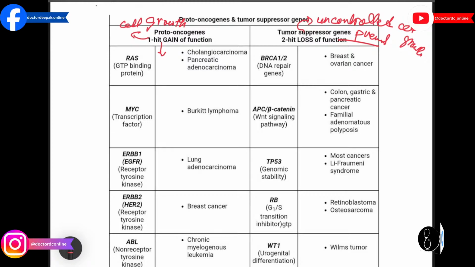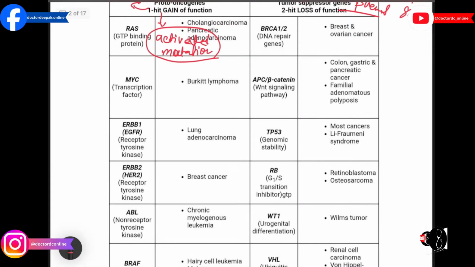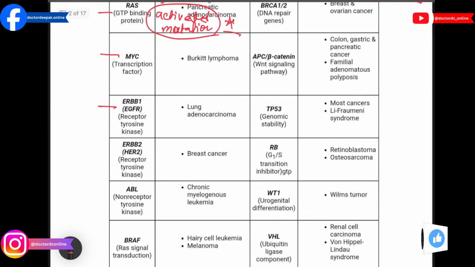Whenever a disease comes, if an examiner gives you a scenario and mentions an activating mutation, then the responsible gene will be a proto-oncogene. If you find the word activating mutation causing a disease or a cancer, then the responsible gene will be proto-oncogenes such as MYC, ERBB1, ERBB2, ABL, and BRAF.